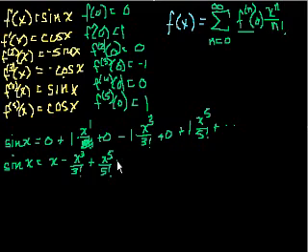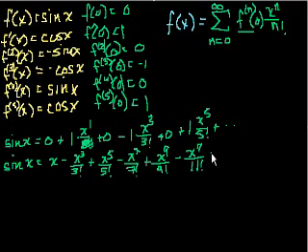And then you can imagine the pattern, we'd go minus, we're just taking the odd numbers, x to the 7th over 7 factorial, plus x to the 9th over 9 factorial, minus x to the 11th over 11 factorial, and we'll just keep going, right? And so we'll just keep oscillating in sign. That's a bit of a pun. And we use all of the odd exponents.